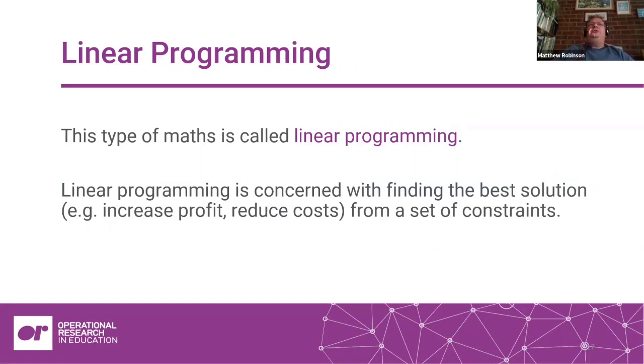And then what we were interested in was finding what the most profit was. So in that respect, the best solution for us was, what is the maximum profit we can make? But we had a series of constraints. We were constrained by the amount of raw materials we had. So we built a couple of constraints, and then we understood what was going to be the most profitable solution.